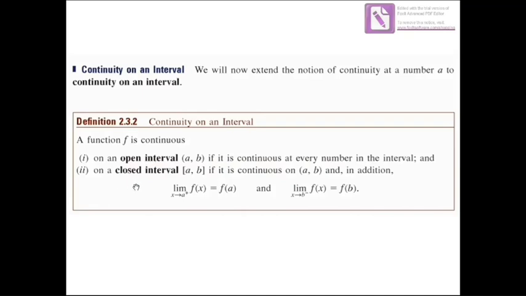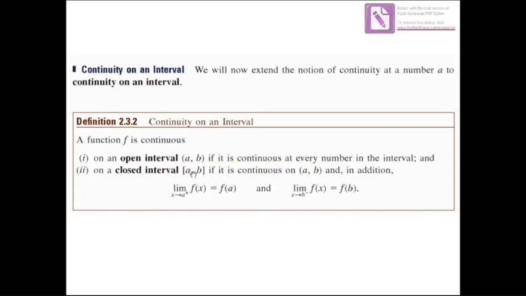And for continuity on a closed interval, we say that this function is continuous on a closed interval if it is continuous on the open interval. In addition, the limit of f when x approaches a from the right is equal to f(a), and the limit of f when x approaches b from the left is equal to f(b).